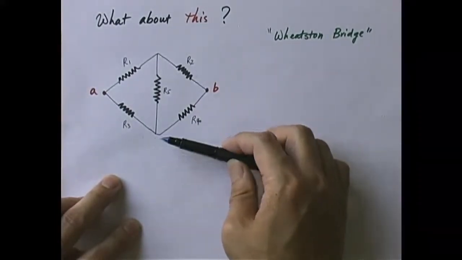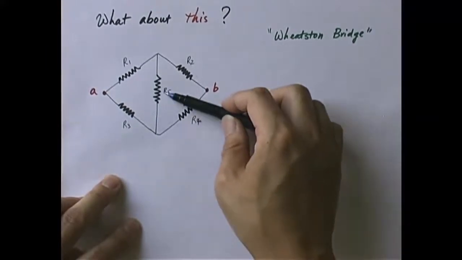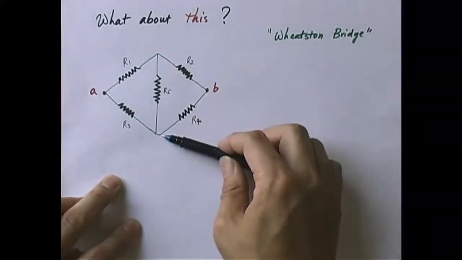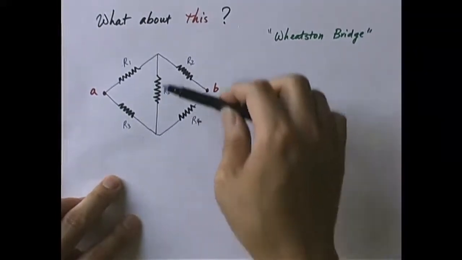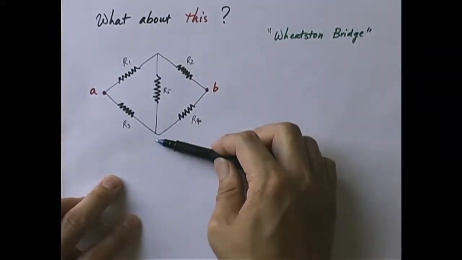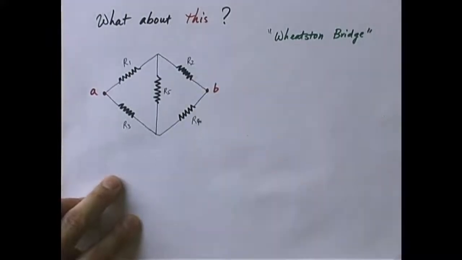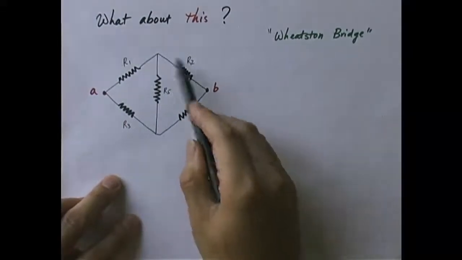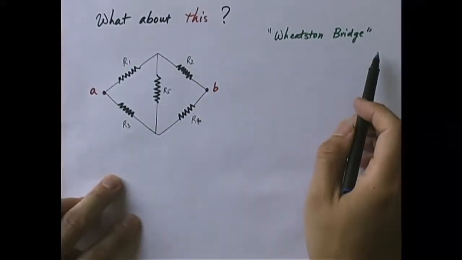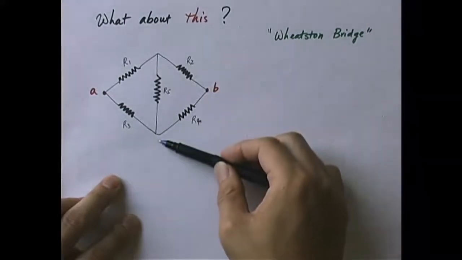Or suppose you didn't have R5 and you connect R5 in, nothing's going to happen, because these 2 points being at the same potential, no current will be flowing through R5 anyway, so it doesn't matter whether you have R5 or not. Okay, in that case, we say this bridge is balanced. Okay, balanced meaning these 2 points have the same potential.